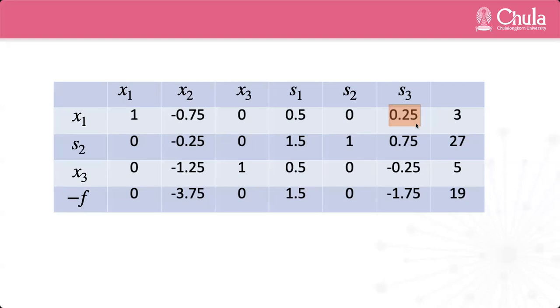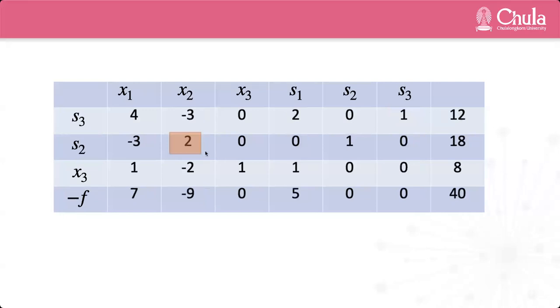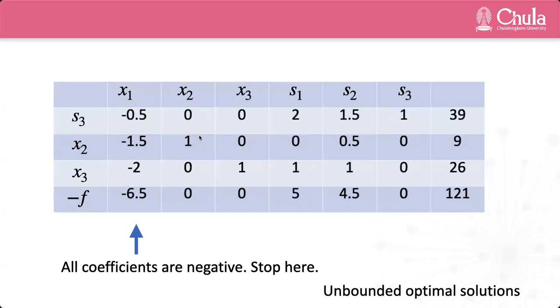We introduce s3 and we remove x1, and then we end up with this tableau. The only negative coefficient is x2. We remove x2 and we introduce s2. Okay, we got this.